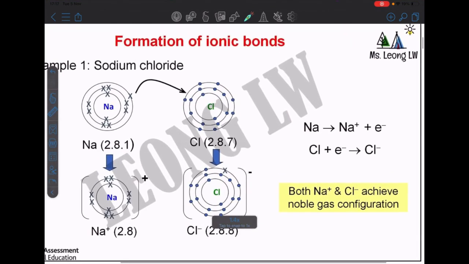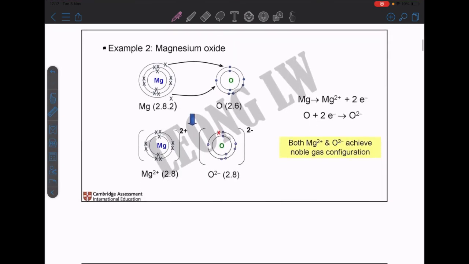Because Na would be losing an electron, that's why the electron would be after the arrow. And the electron would be before the arrow if they are gaining an electron, because here means losing electron, here means gaining electron.